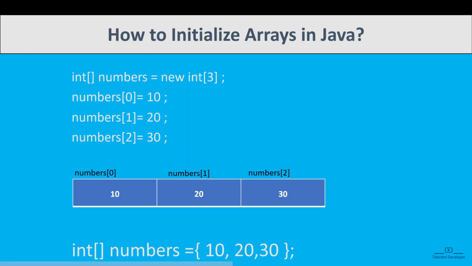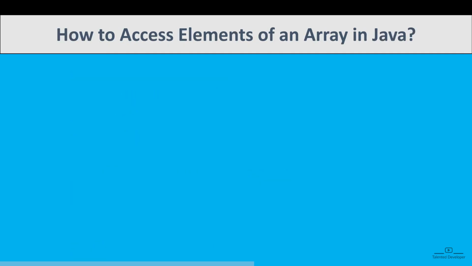Another way is that you can directly declare and initialize the values in one line, like int square bracket numbers equal to 10 comma 20 comma 30. So here there is no need to define the size as 3. You can just put the values. This is also correct. The next thing is how we can access an element. You can access an element by using the below syntax.